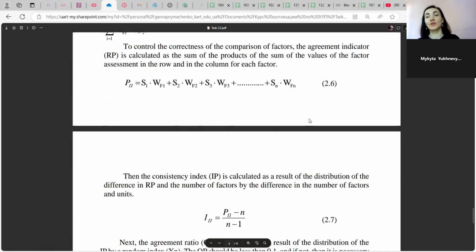So please calculate it and we continue. I think you need some minutes for calculation, and then we continue with formula 2.7.